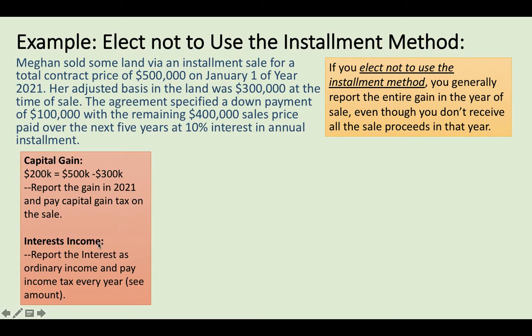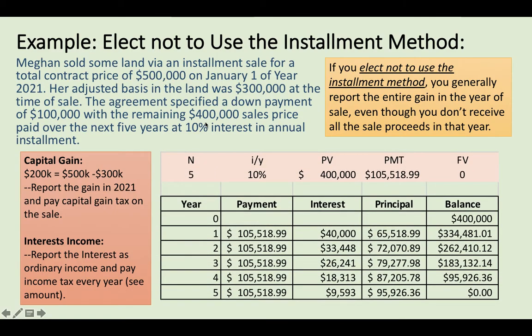So how about the interest on this $400,000? Here is the schedule. First you have to figure out the buyer's payment, which is very similar to a mortgage payment. The buyer is going to pay you $105,518 every year for the next 5 years.